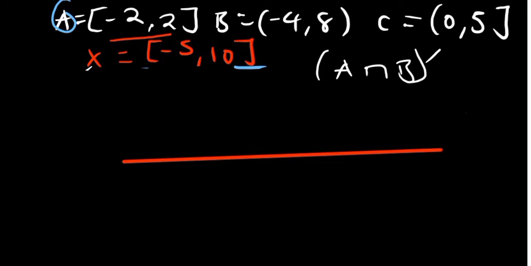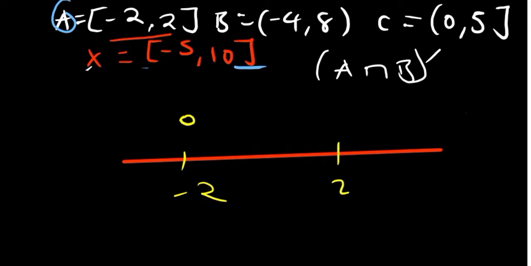So if I start with my set A, it is from which point to which point? From negative 2 upwards, up to 2. Okay, from negative 2 up to 2. That is for set A.